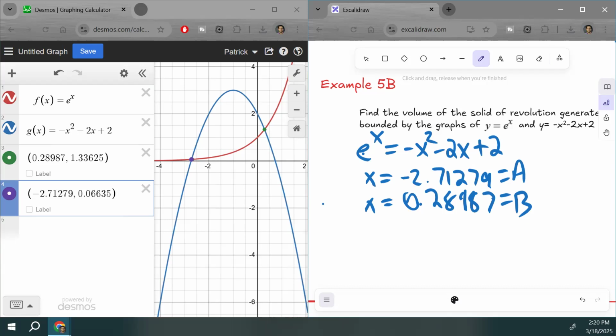Okay. Now the volume is going to be pi times the integral, and you can do this from A to B, and I recommend you do that because you don't want to change some of the values in the limits and get it wrong because you wrote down the wrong number there.